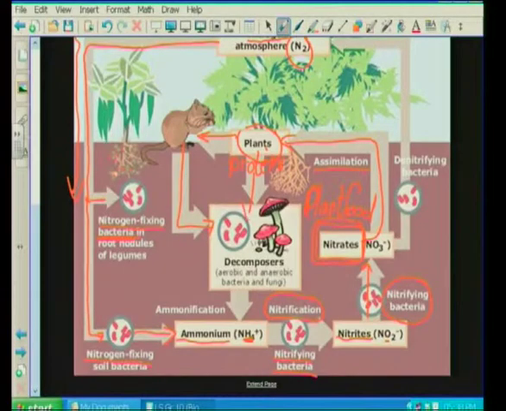Now, when that little animal is going to die, when the plants are going to die, there are decomposers in our soil, very important living organisms, fungi, bacteria, that's going to decay and break down the dead organic matter. Now that dead organic matter is going to return back into ammonia. And this whole cycle is going to be repeated.